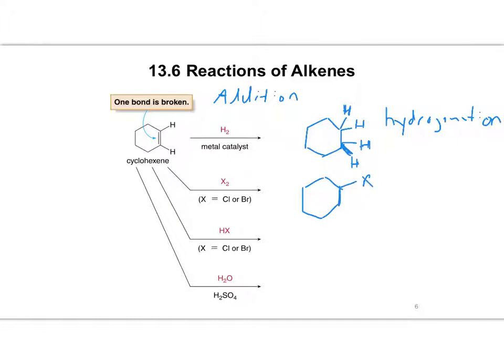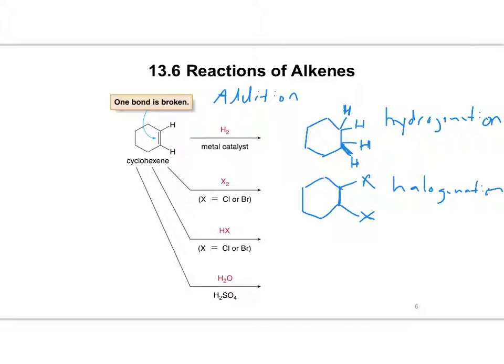Instead of adding hydrogen atoms, you can add halides, like chlorine or bromine. And this is called halogenation. You're adding halogens. Again, an addition reaction.